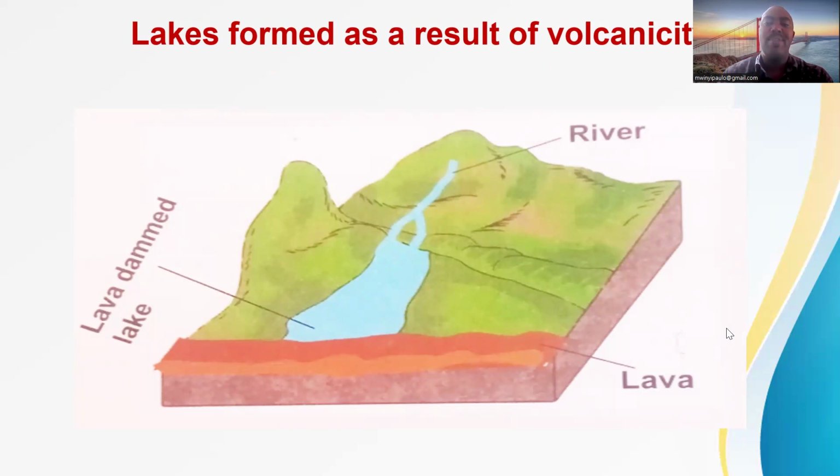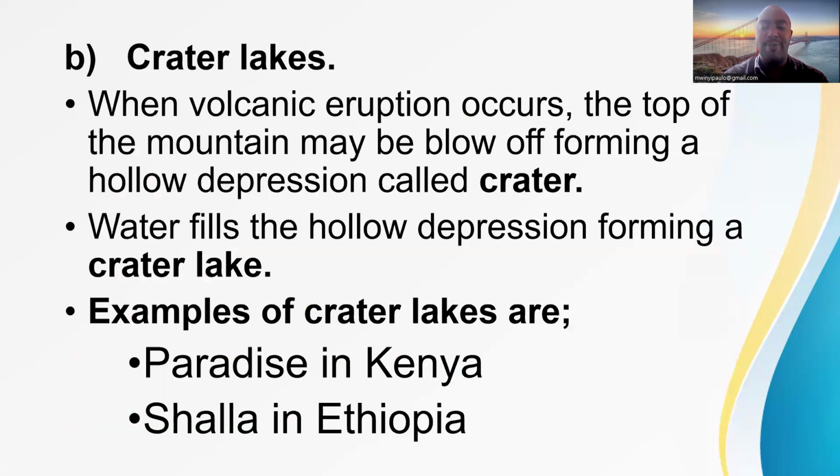On your screen, I'm showing you a diagram of a lava-damped lake as a result of volcanicity. You can see the river is coming downstream, then with lava that's flowing from an eruption, then it's blocking the river channel and the water is going to collect behind that blocked area, forming a lava-damped lake.